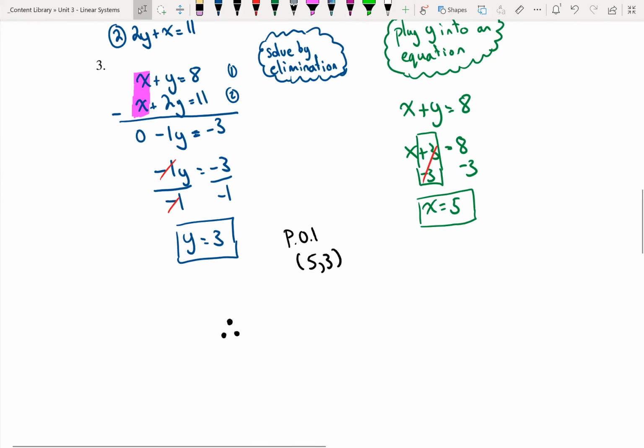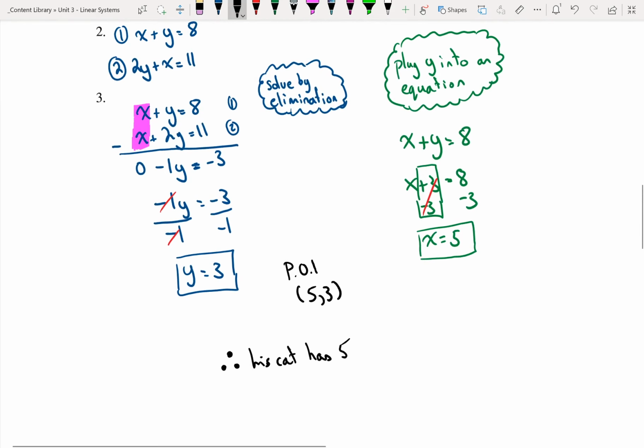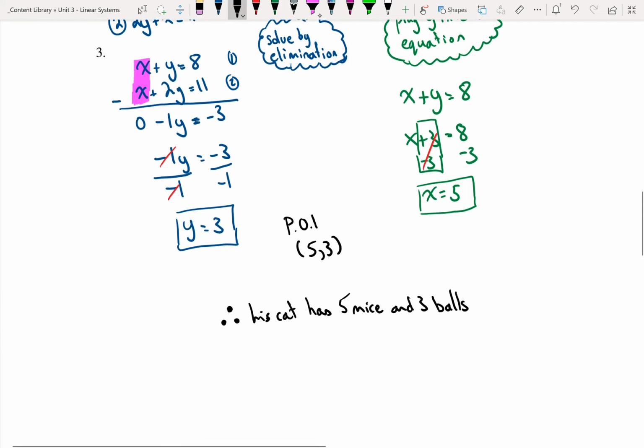So therefore, his cat has 5 mice, because remember x represents mice, and 3 balls, because y represents the number of balls. So that is our therefore statement, which summarizes what we found.